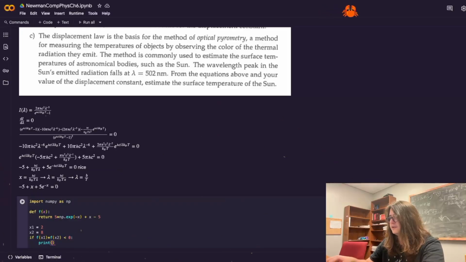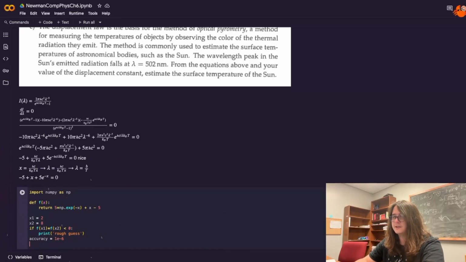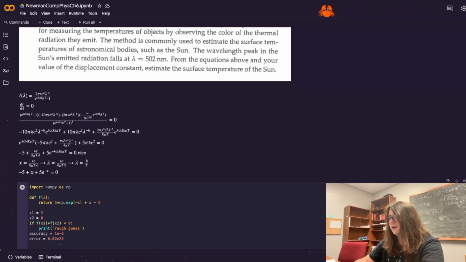So I'm just going to have this print rough guess if they happen to match signs, right? Otherwise, you can get into the loop. You can define an accuracy. Newman wants us to get it accurate to 10 to the -6, as always. I'm going to set an error to be something really large to start with, and then start the loop while the error is greater than the accuracy.